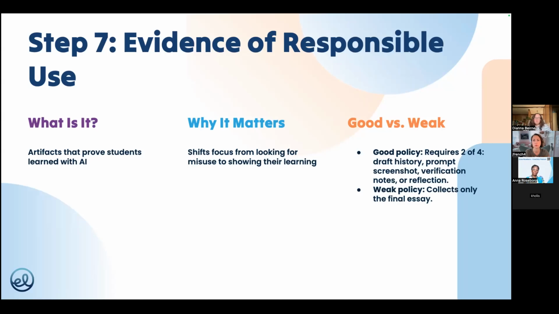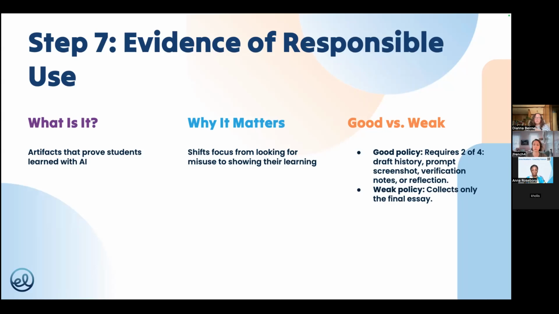And it matters because it shifts the focus from "did they cheat" to "show me how you learned this." A good policy might require two of the following four things: a draft history, a prompt screenshot, verification notes, or a reflection. A weak policy collects only the final essay.